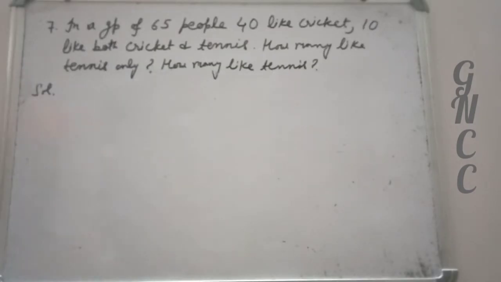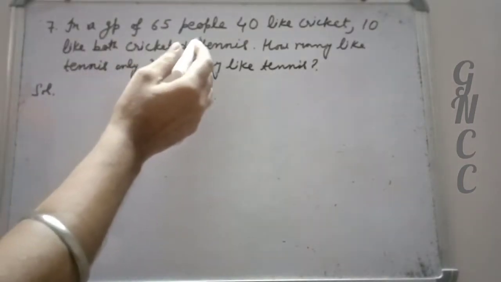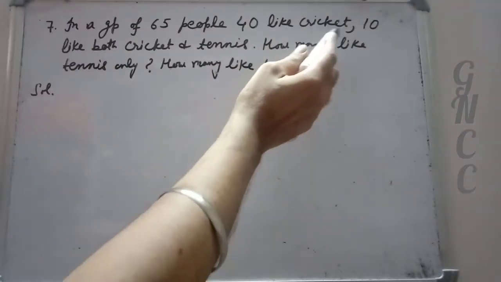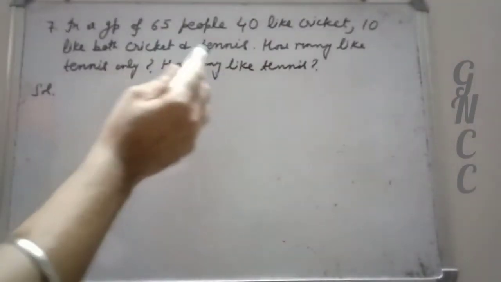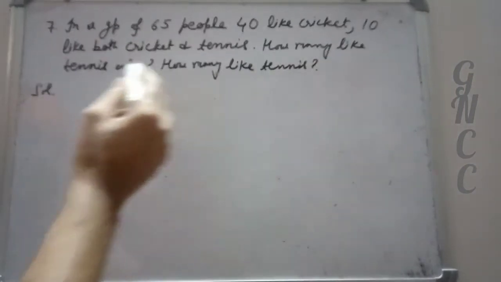Seventh question is, in a group of 65 people, 40 like cricket, 10 like both cricket and tennis. How many like tennis only?